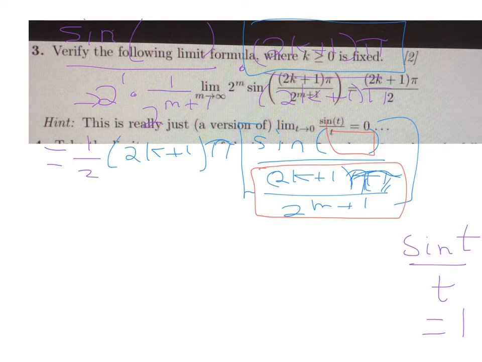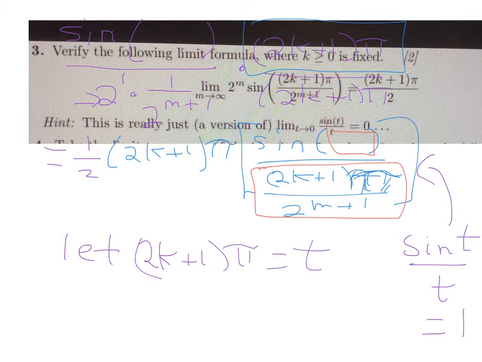So basically, this is sine t over t. So if you let (2k plus 1) pi equal t, then what you've really created, with the substitution, is sine of t over t, okay?